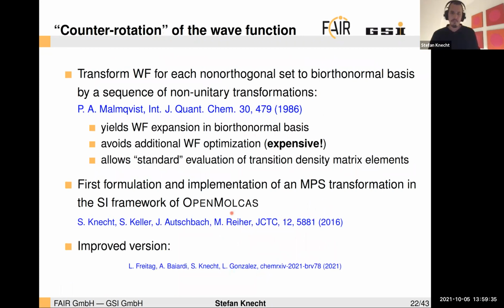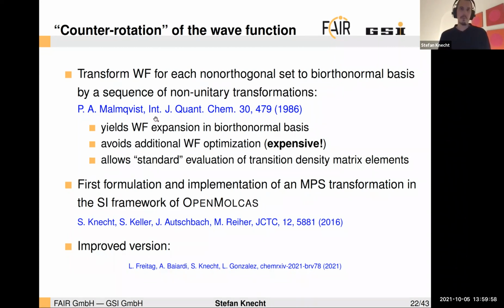And so if we want to transform one orbital basis to a bi-orthonormal basis and keep the other one in the non-orthogonal basis, then we also need to sort of counter-rotate the corresponding wave function. So if you rotate the molecular orbital basis, we need to counter-rotate the wave function as well.